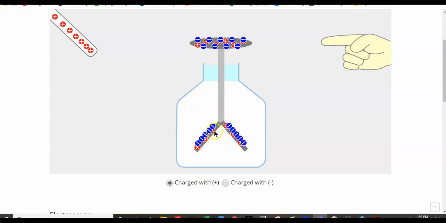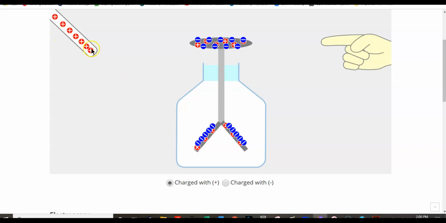It looks like this is 5 and this is 5, and it's got a total of 6 there, so this has an extra 4 electrons on the bottom. And so it's these extra 4 electrons, 2 here and 2 here, that are repelling each other.